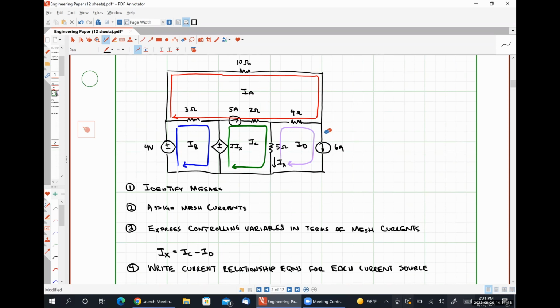As I try to write my Kirchhoff's voltage law equation around mesh A, the first thing I would see would be my 10 ohm resistor. I wouldn't have any problem whatsoever there.